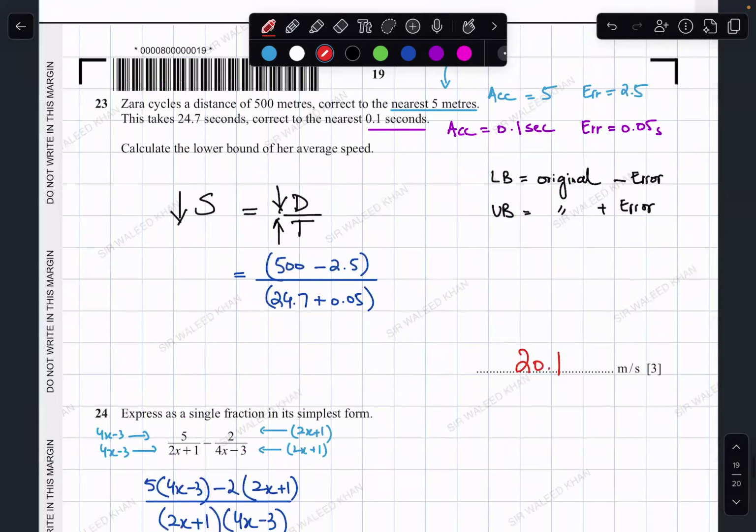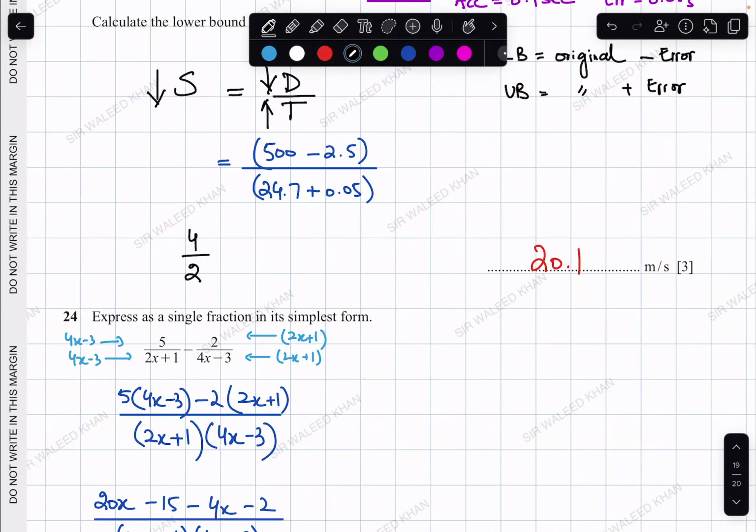Okay. Yes. Tell me, for example, we have a fraction 4 and 2. The value will be 2. What if I increase? If I want the answer to be the lowest possible answer, should I increase the numerator or decrease it?